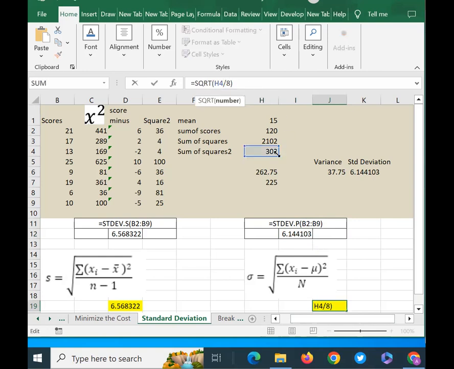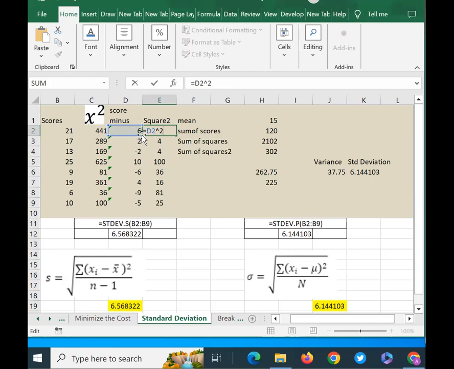H4, yeah, this is 302. Then sum of squares 2, this becomes 302. So what is square 2? Square 2 is actually the square of the score, meaning the difference from the mean, right?